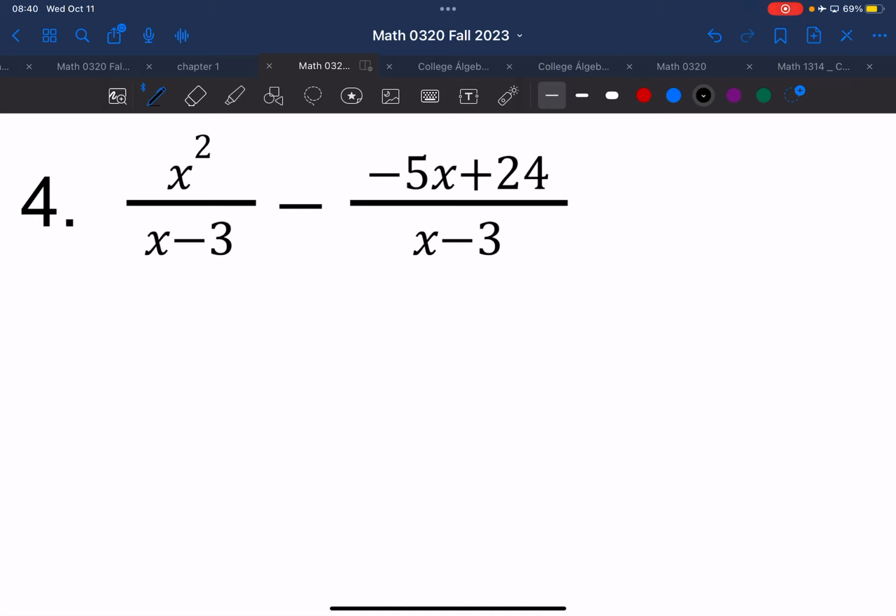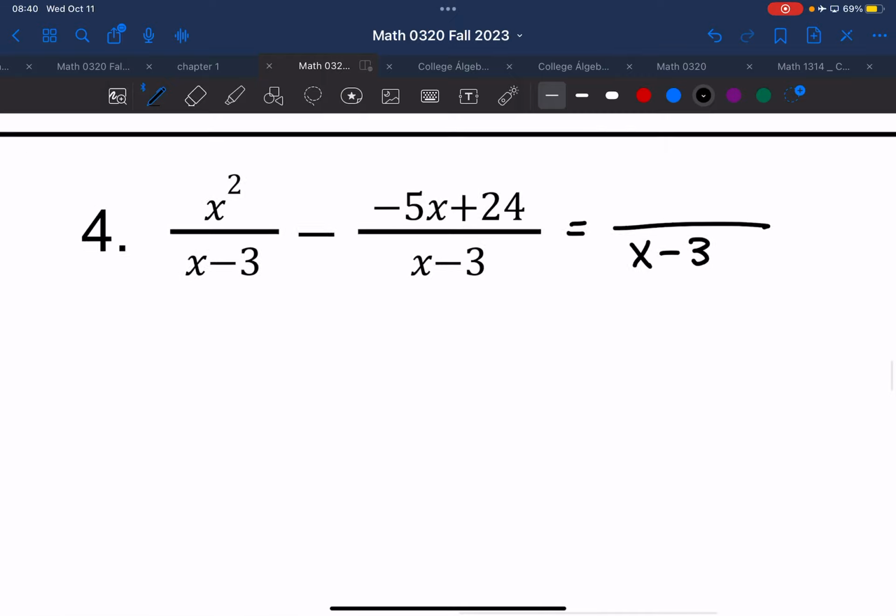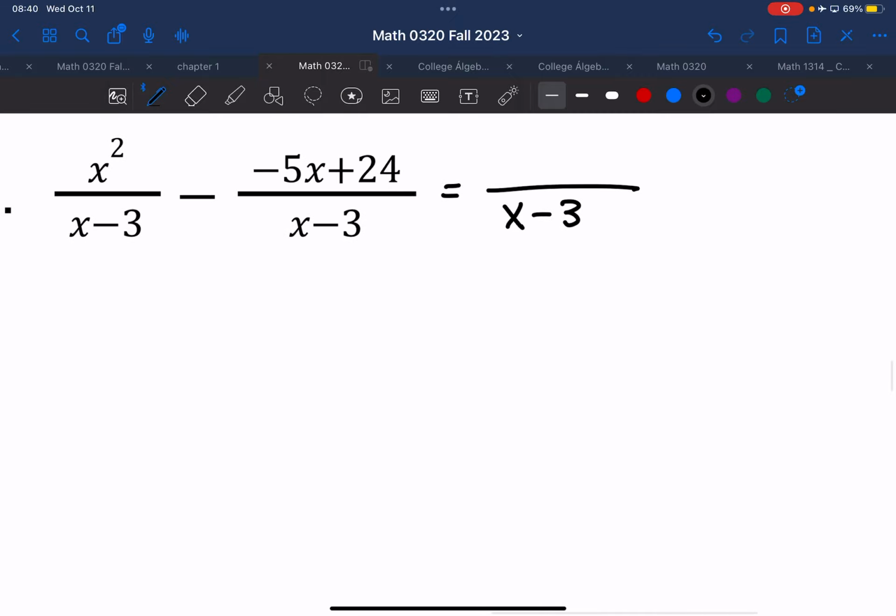Okay, now let's look at number 4. Do they have common denominators? Yes, that means our denominator is going to stay what? X minus 3. And now it's telling us to subtract our numerators. So if I'm going to subtract them, I need to make sure when I'm rewriting my numerators that the second numerator is in parentheses.